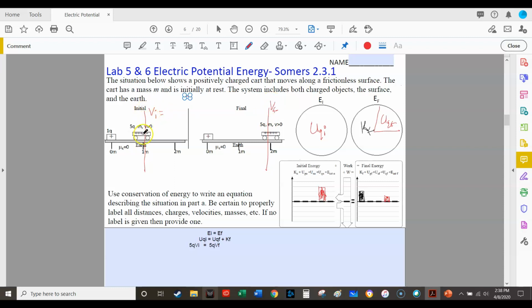Now, initially this voltage right here, due to this 1Q object, is going to be K times our 1Q object, which is a positive object, divided by it's 1 meter away, right? It's 1 meter, this voltage line is at the 1 meter mark. In the end, this is going to be, again, our K times our positive 1Q block, creating a voltage now out here 2 meters away. Okay, so that's how we'll define our final voltages and initial voltages.